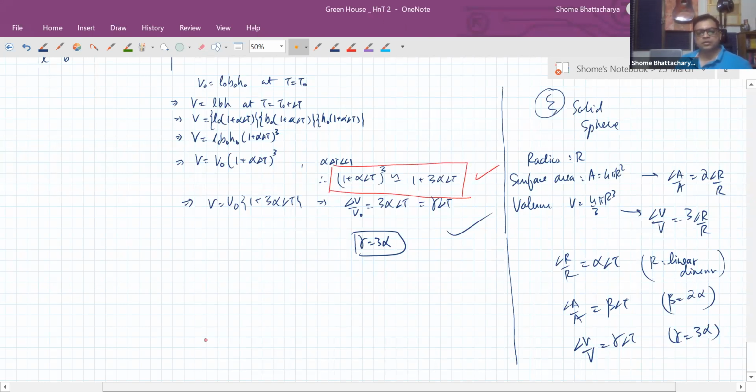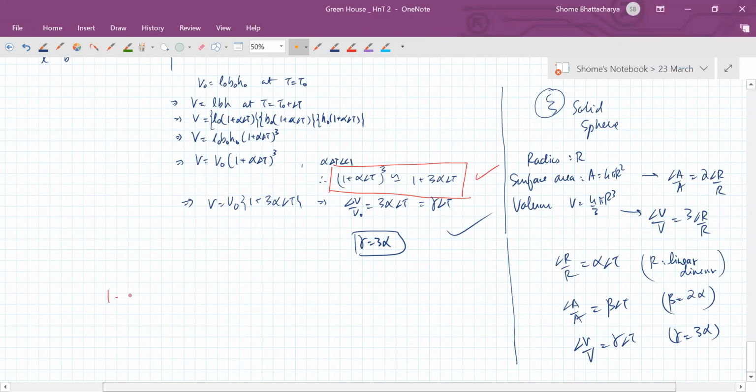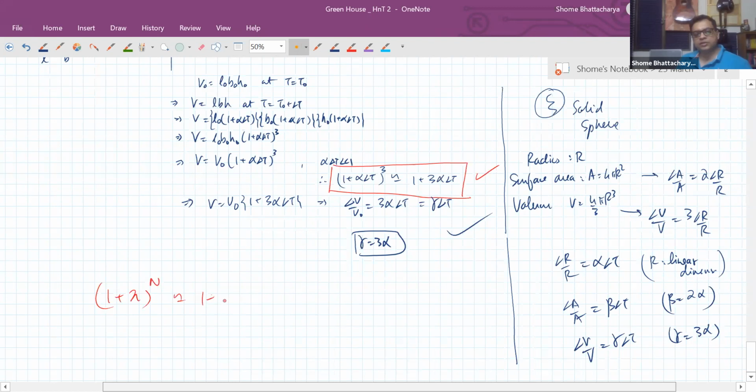This concept comes from the binomial theorem. 1 plus x to the power n is approximated as 1 plus nx when x is very small compared to 1. It's the same thing that we used earlier today. So, for example, square root of 1 plus x becomes approximated as 1 plus half x. Like that, 1 plus x whole square becomes approximated as 1 plus 2x.